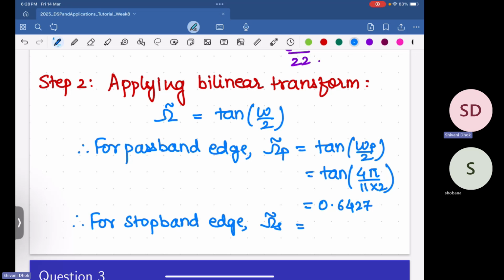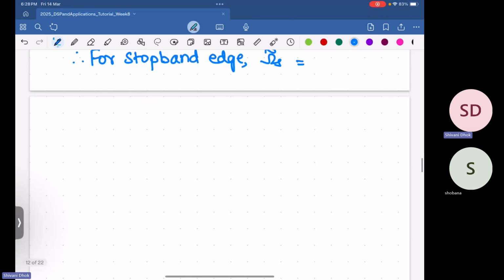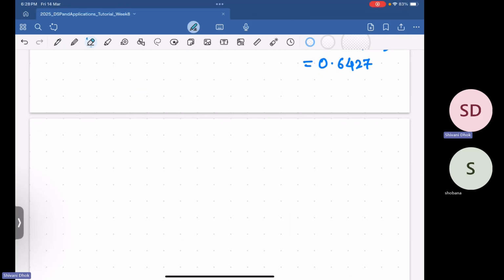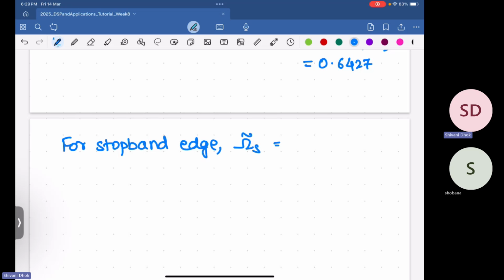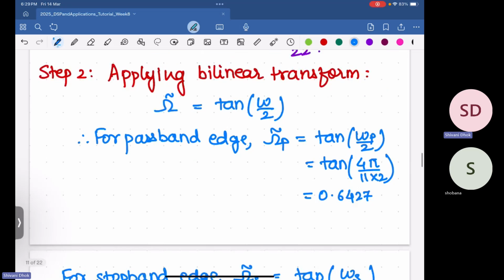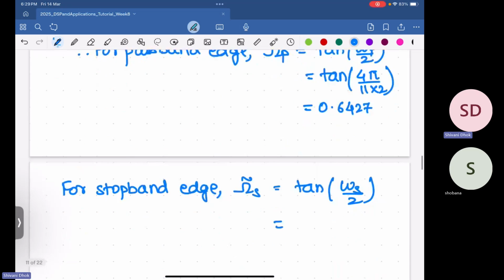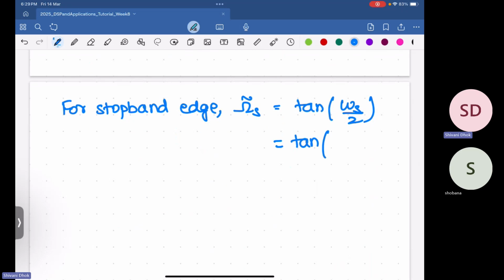Now for the stop band edge, omega tilde s is given by tan of little omega s by 2, which is tan of, what is our omega s? 9 pi by 22, so this is tan of 9 pi by 22 into 2. This comes out to be 0.7486 radians per second.